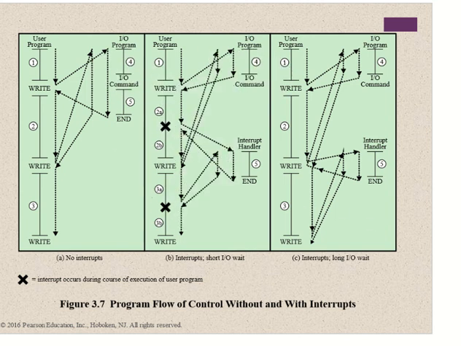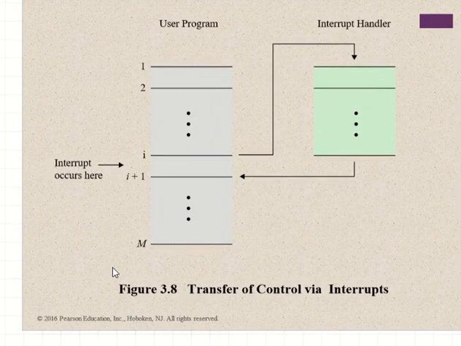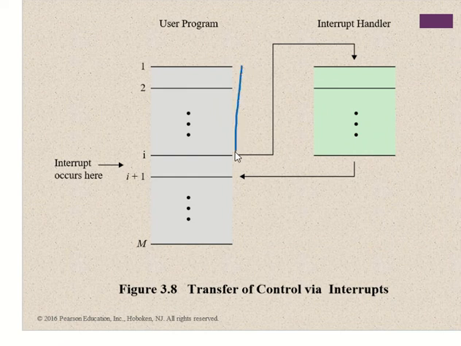Okay, let's move on to the example with interrupt. Here you may see it. When the user program is being executed and there is an interrupt, when the IO device interrupts, the processor goes and executes the interrupt handler.